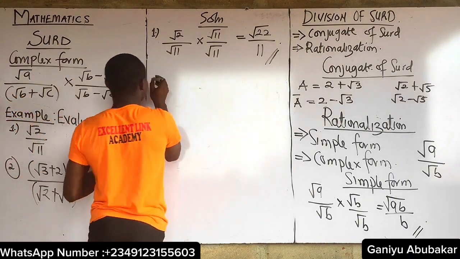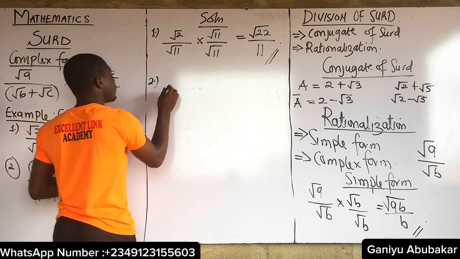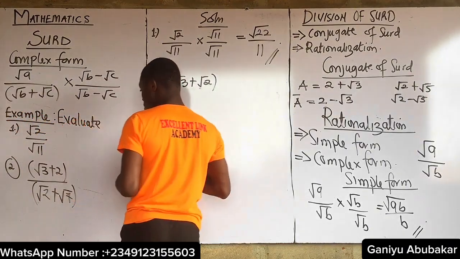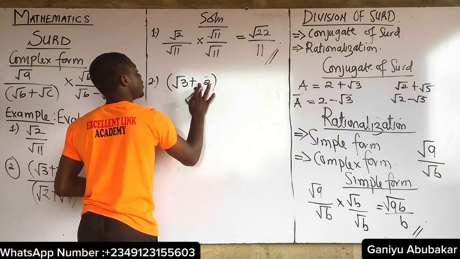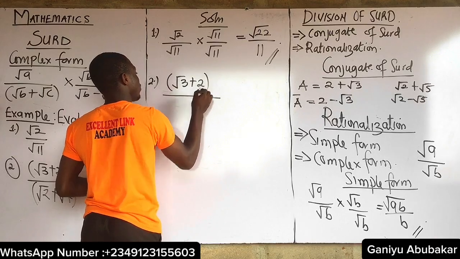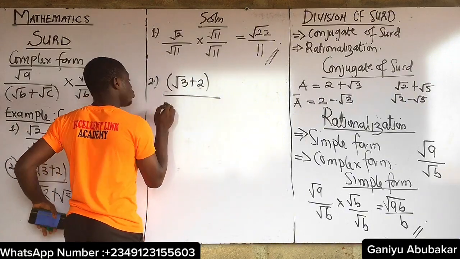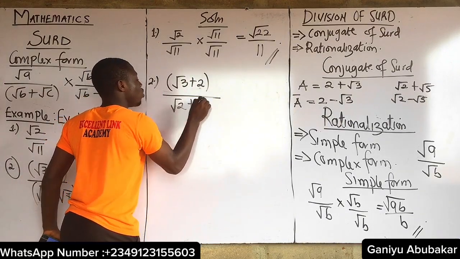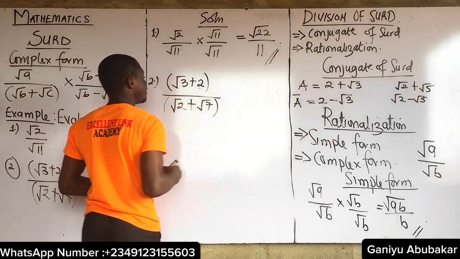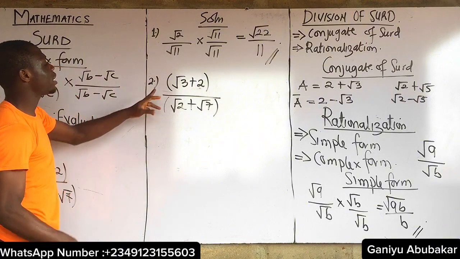Number 2 says, I have root 3 plus 2, all over root 2 plus root 7. Alright, let's get this done. So this one becomes a concept behind what?